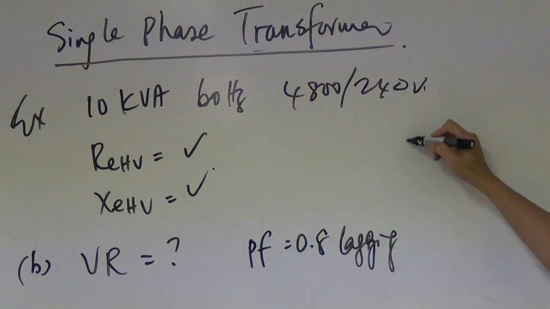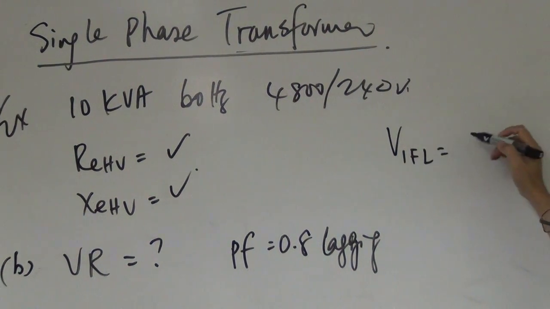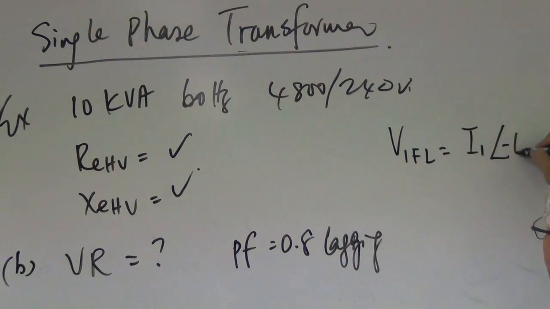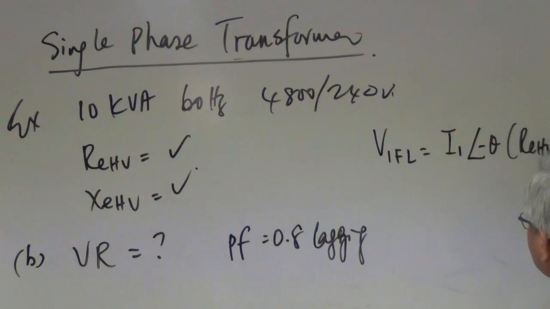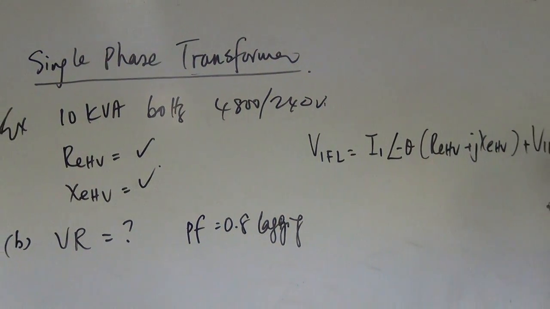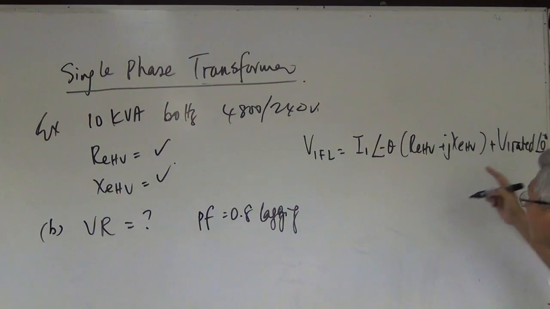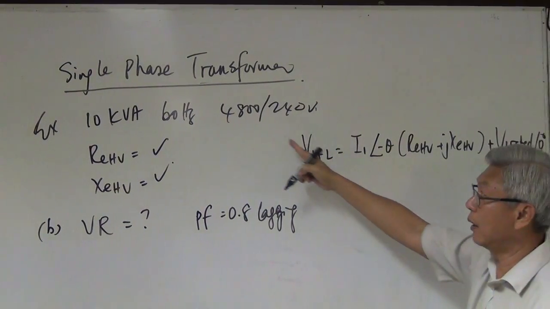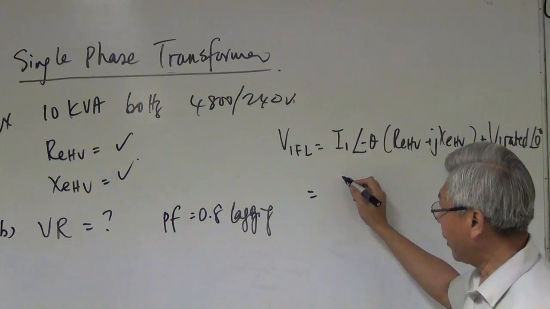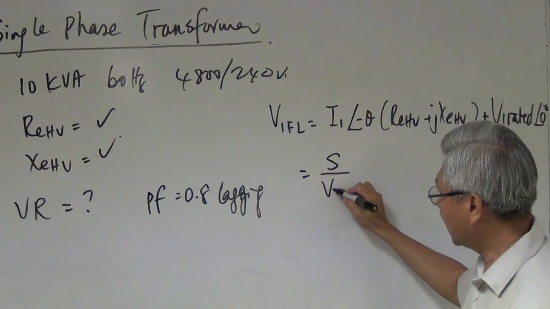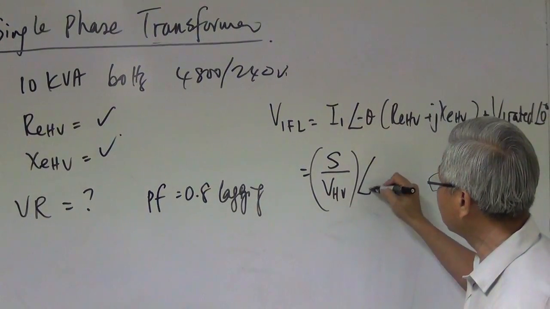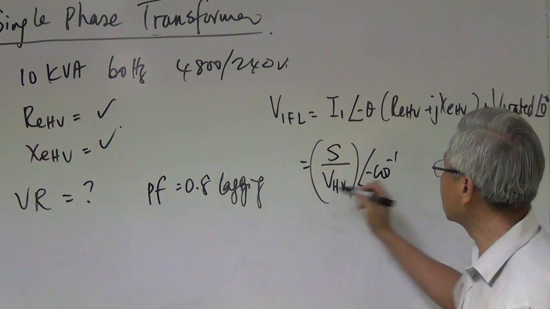V1 full load is equal to I1 at minus theta, times REHV plus J XEHV, plus V1 rated at 0 degree. I1 is my high voltage side current, equal to my apparent power S divided by VHV. That's how I get my current. Theta will be minus cosine inverse 0.8.